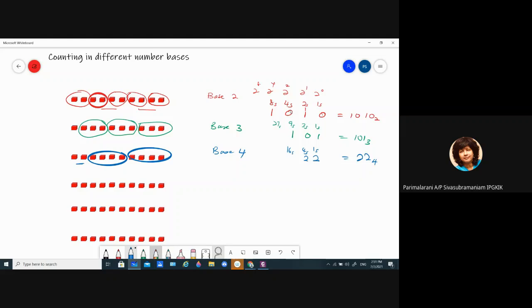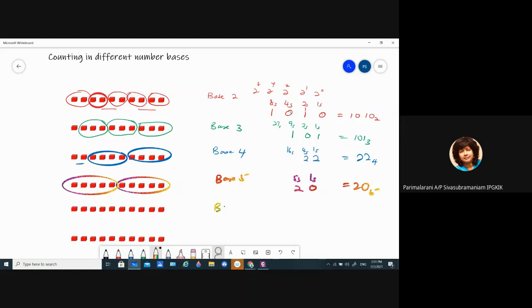Okay, so if we had base 5, we have groups of 5 here, and another group of 5 here, 2 groups. So we have ones and we have fives. We have 2 groups of 5, and there are no ones here as remainder, so the number is 20 base 5.